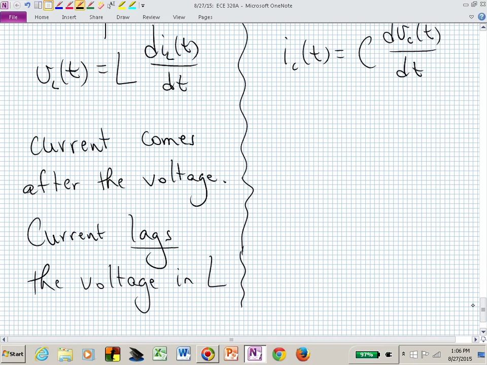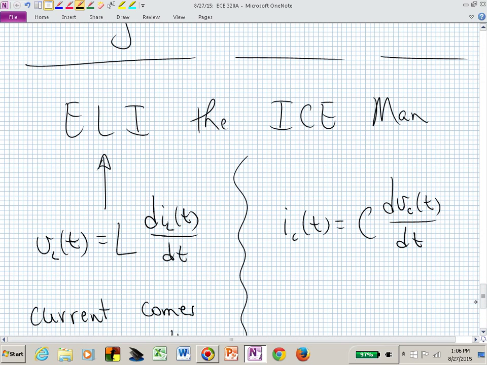And if you forget leading or lagging on an inductor, Eli. Just use Eli and say which one is where. Oh, the voltage is ahead of, so the current is lagging the voltage.